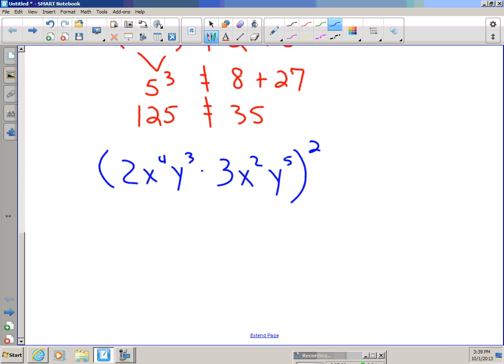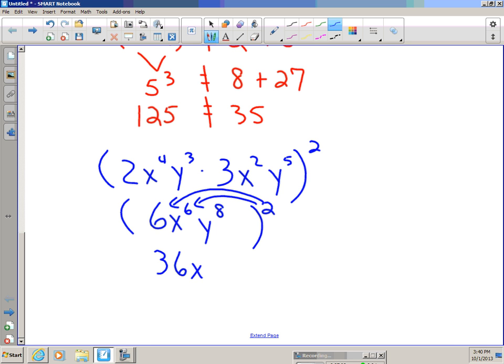And while that will work, and if you do everything correctly, will work, it is much simpler to simplify what's inside the parentheses by using our other rules, and then apply the power to a power rule. To the 6 of an exponent, and to the exponent of 8. Also, another common mistake. This 2 is an exponent. This means 6 squared, not 6 times 2 to get me 12. So you have to be careful with that.